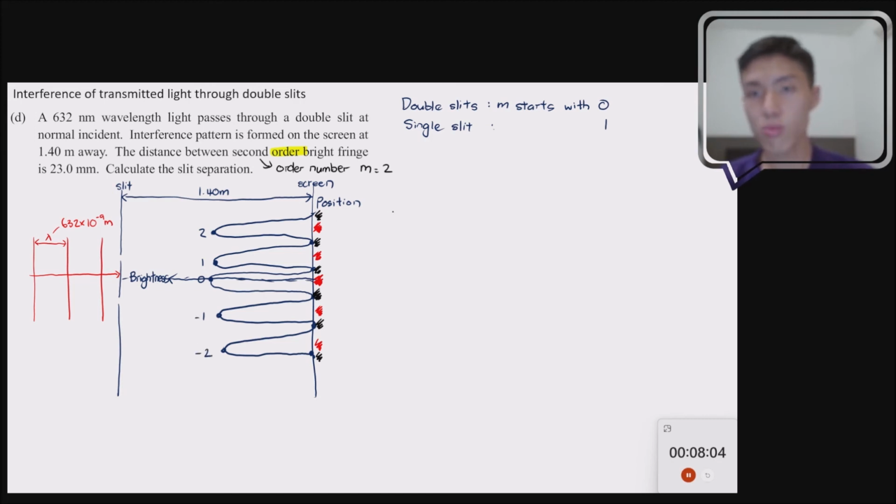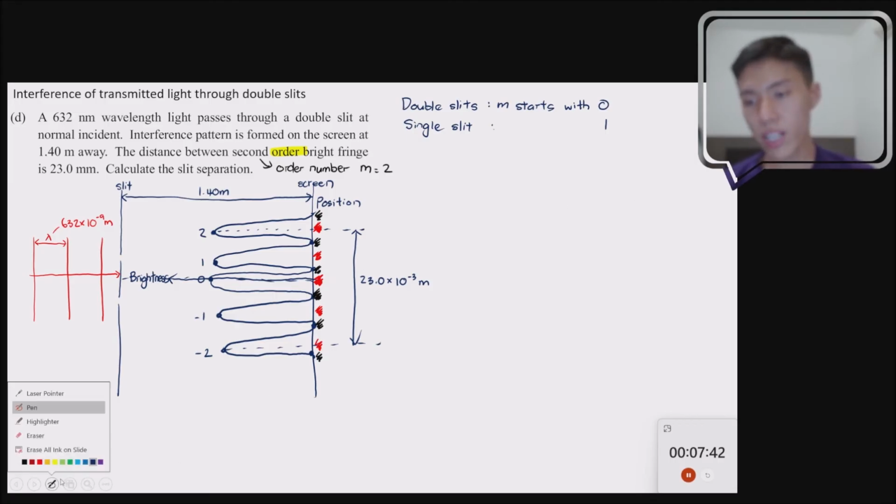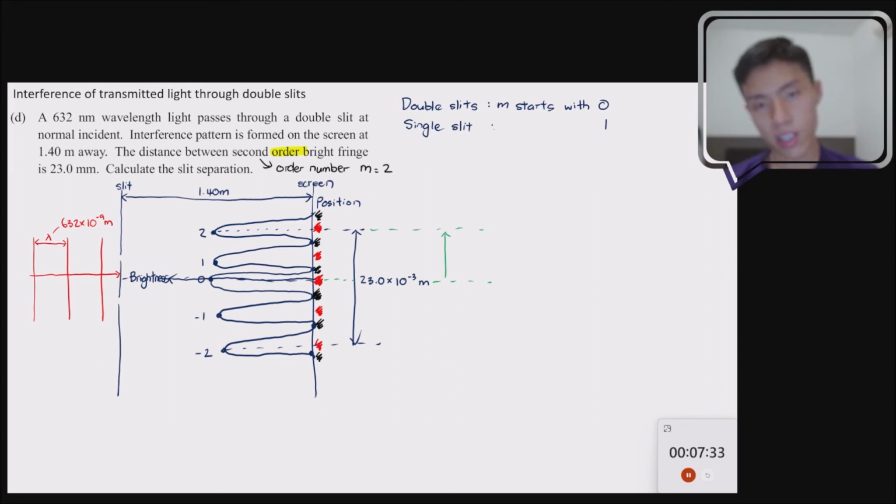They say that the distance between the second order bright fringes, where m is equal to 2, is 23.0 times 10 to the power of -3. This is the distance between the two second order bright fringes. So how do you get this value? Any y that you want to determine has to start from the center. Starting from the center, this measurement here is y2 bright, because you need to substitute m equals 2 for a bright fringe.